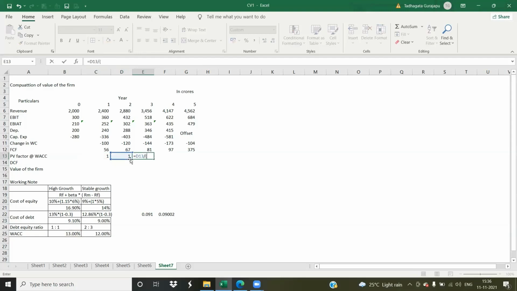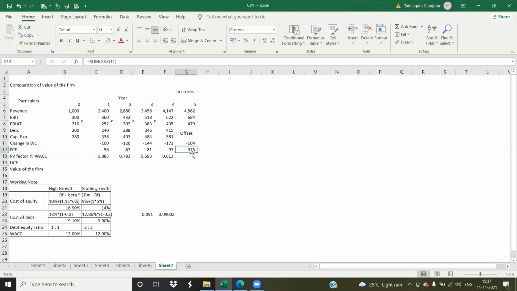This divided by 1 plus this. So these values would be this much.